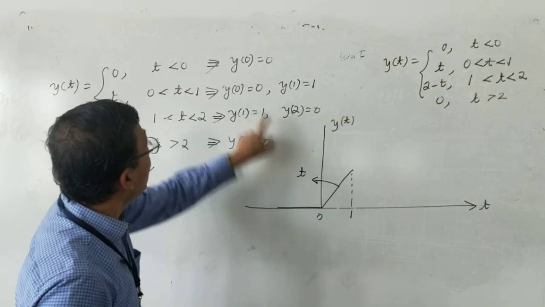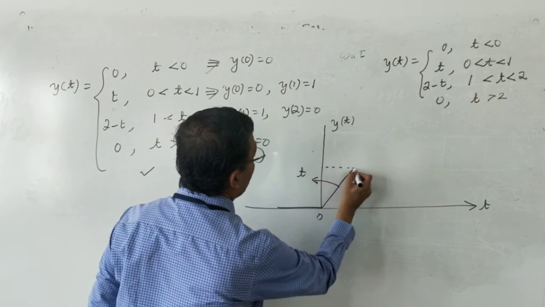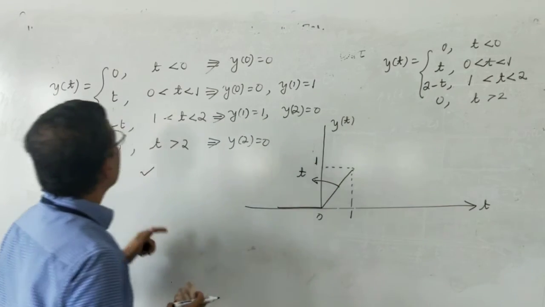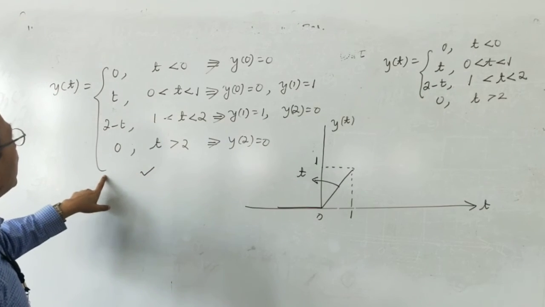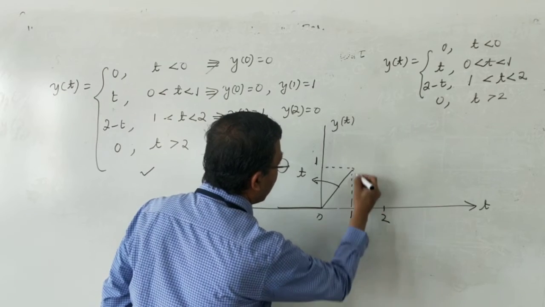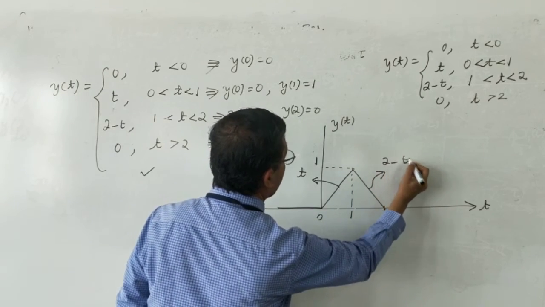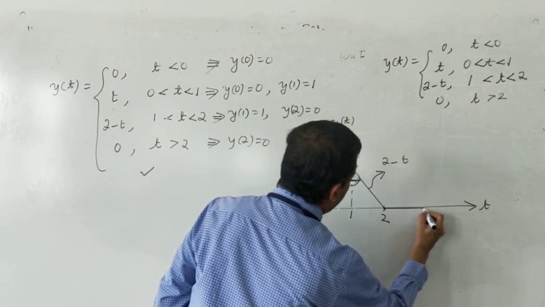When t equal to 0, it is 0. At t equal to 1, the value is 1. For t between 1 and 2, again it's a straight line. The equation of the straight line is 2 minus t. For t greater than 2, it is 0.